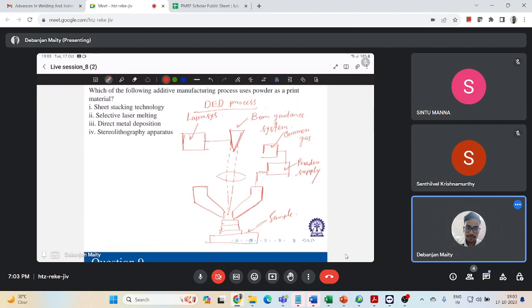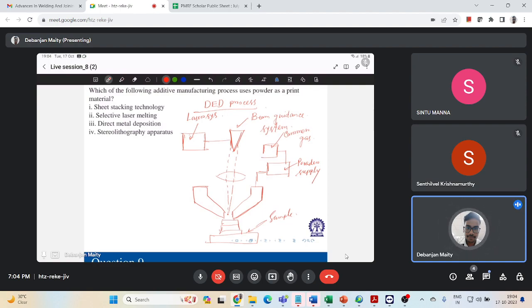So the two types of DED methods based on the feed are powder DED and wire DED. I talked about wire additive manufacturing, so that's where this wire DED comes in.